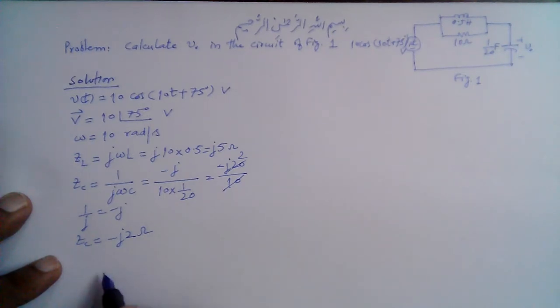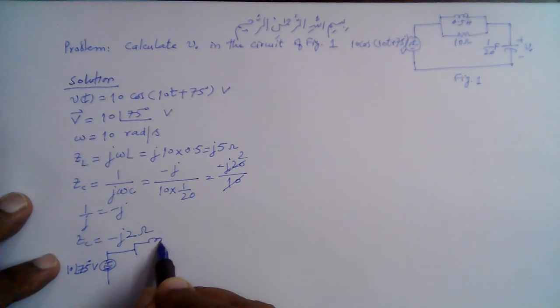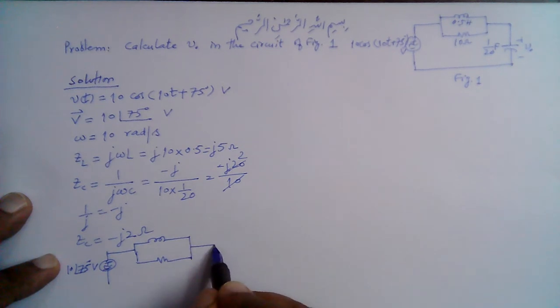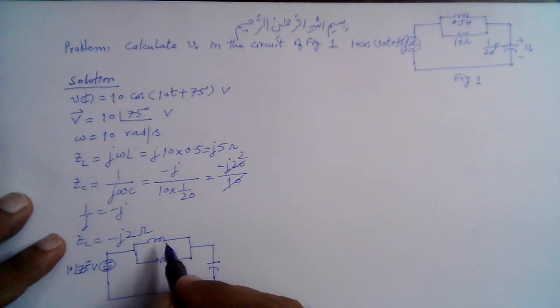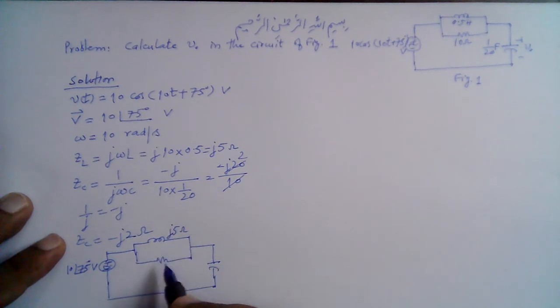So this is the source, 10 angle 75 degrees volts, and we have this parallel combination of an inductor and a resistor here, and this is connected with a capacitor like this. So this is J5 ohm, this inductor, and this is 10 ohm, and this is now minus J2 ohm.